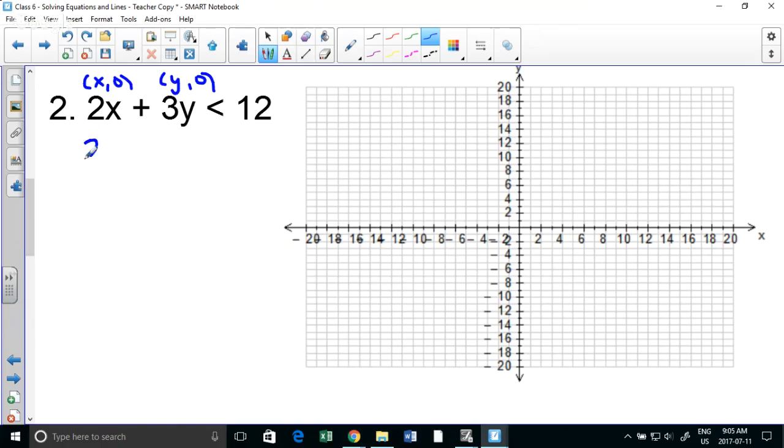For the x-intercept, 2x. I hide this, if we remember, because the y becomes 0. So x is 6, meaning that this is the x-intercept. 3y equals 12 to get the y-intercept, because this disappears.